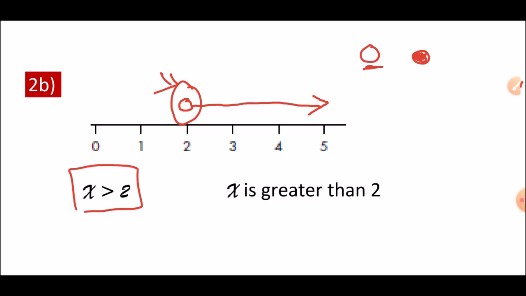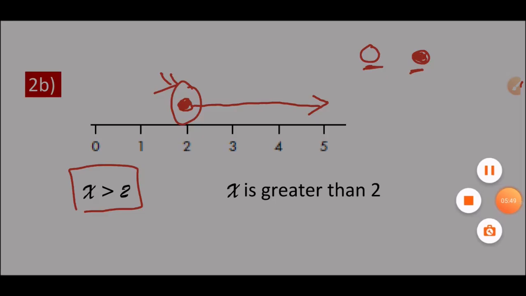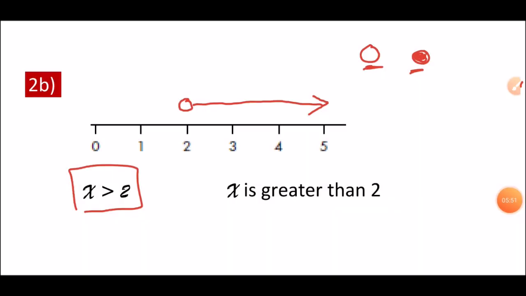If I shaded this in, then that would mean x could be 2 or more. That would mean if it was shaded, x can be 2 or more. But in this situation, the question didn't say that. So on this number line, I've represented x is greater than 2.